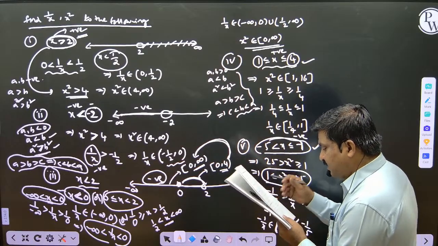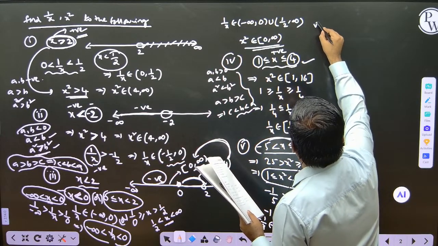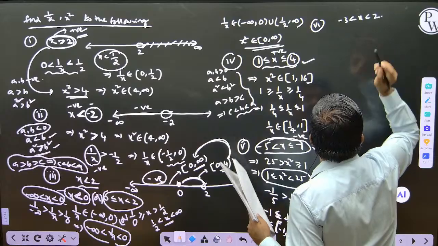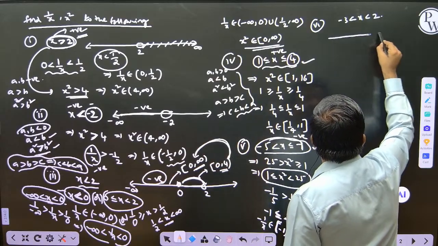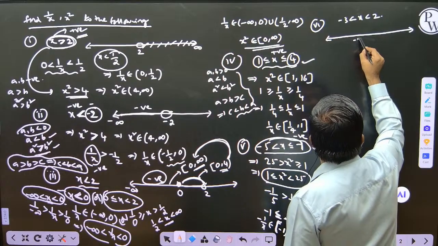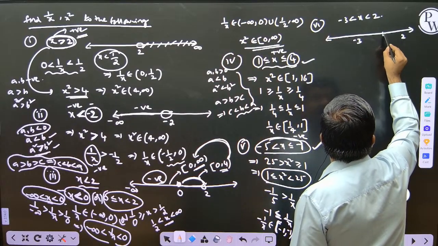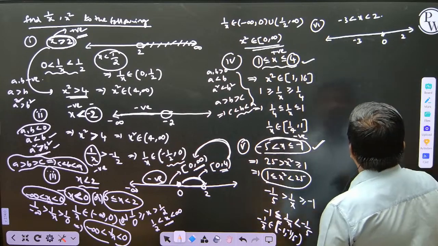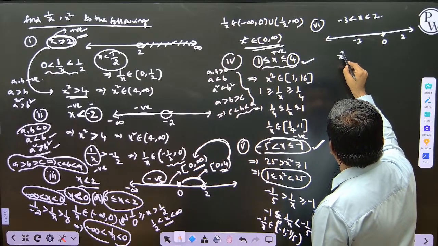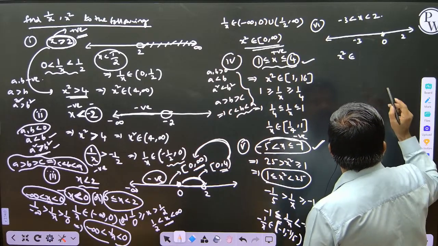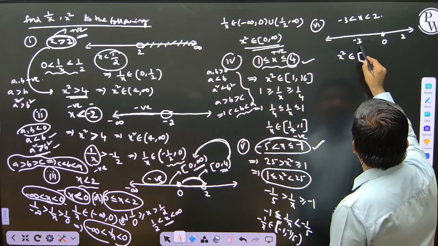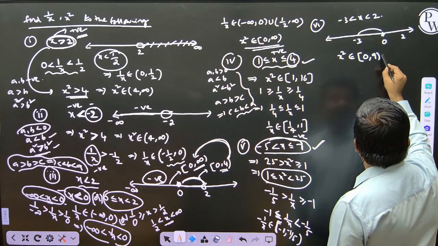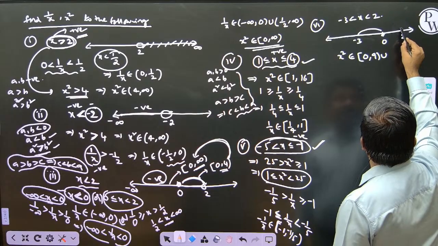But here the next one is the same: minus 3 less than x less than 2. So this consists of both positive and negative. Minus 3, here is 2, and in between 0 is there. So square it first. x square belongs to: this part squared gives 0 to 9, union this part also squared, but these are open.